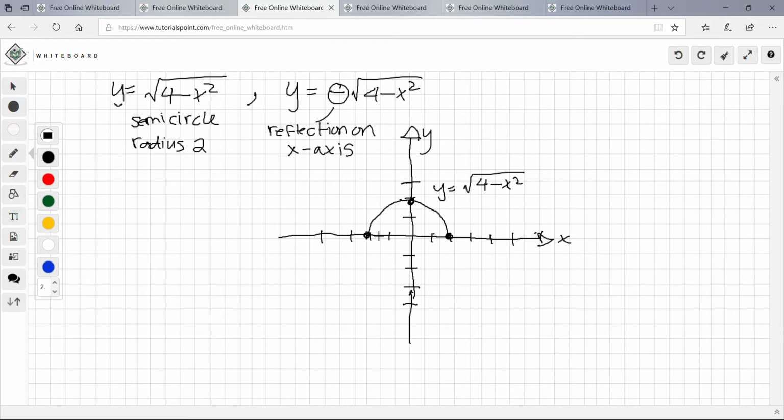Now we have to fold it like a taco, and if you do that, it'll look something like this. The only difference is there was a reflection on the x-axis.